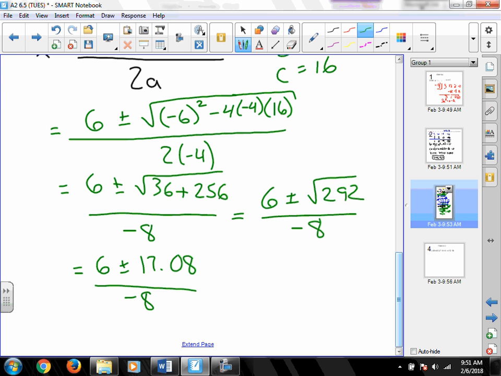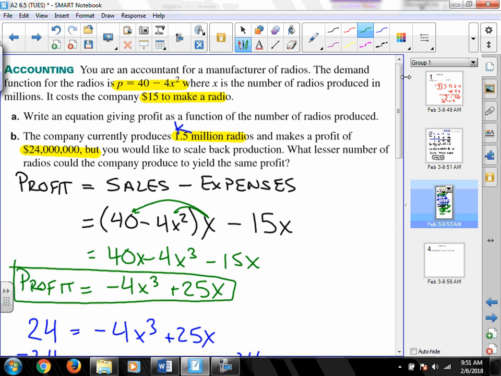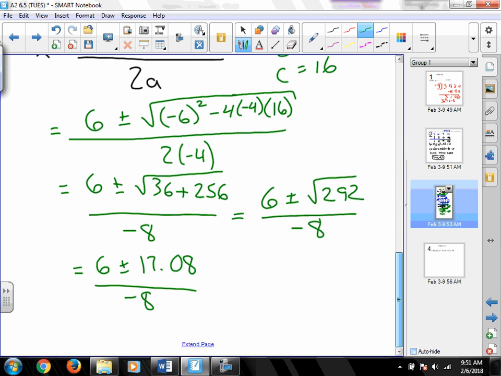Now, we're talking about X being the number of radios produced. This plus or minus means that I have to take 6 plus 17.08 and divide it by negative 8, and 6 minus 17.08. If I take 6 plus 17.08, I get a positive number. A positive number divided by a negative number gives me a negative number.